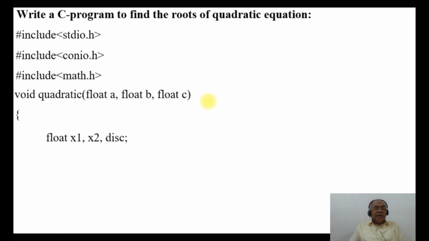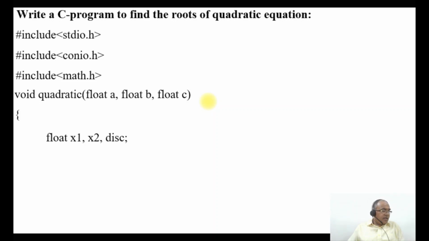Now first we are going to declare the roots, x1 and x2. Of course, every time we need not specify minus b plus or minus root of b square minus 4ac. So we are going to take the discriminant, the square root of that number, which is b square minus 4ac.